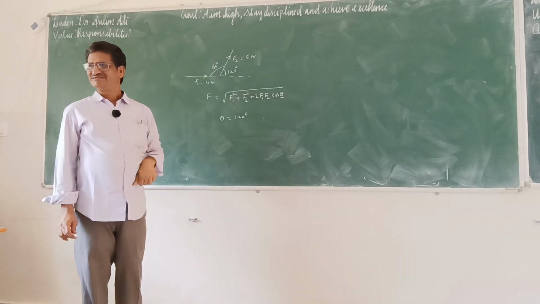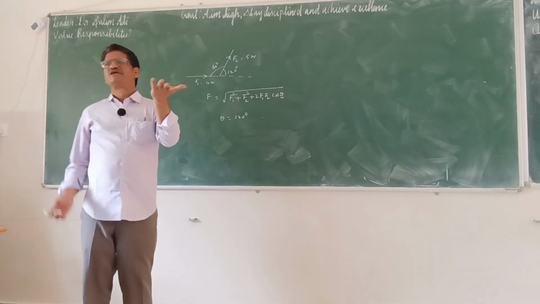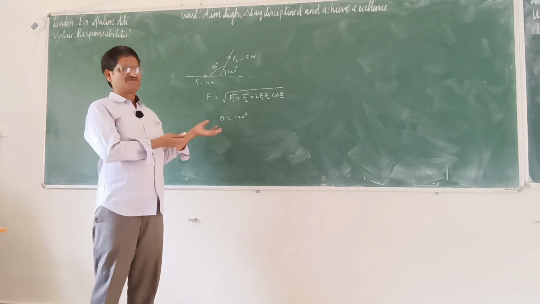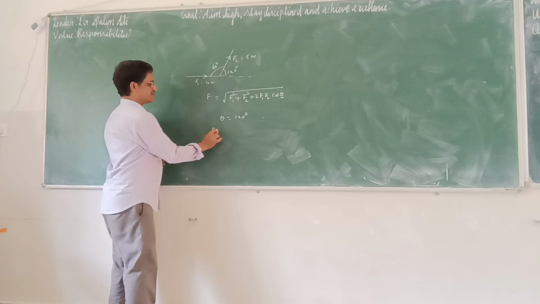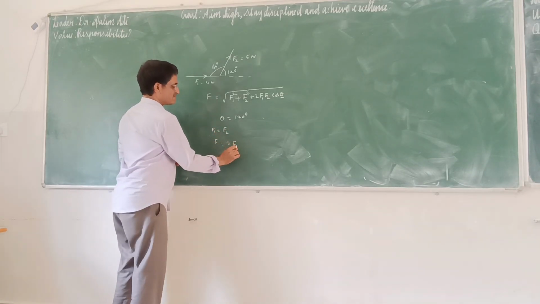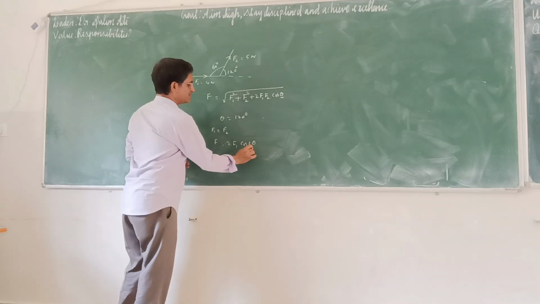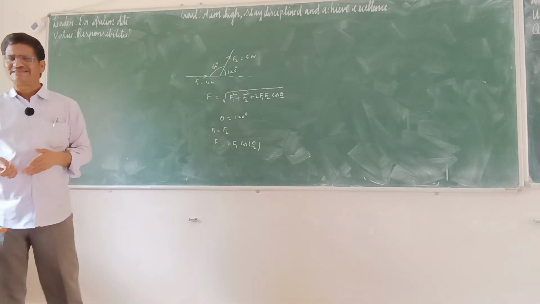Yes or no? These formulas are not more than 10, very simple formulas. Suppose F1 is equal to F2, the resultant force formula is 2F1 cos theta by 2. Like that, simple formulas are there.